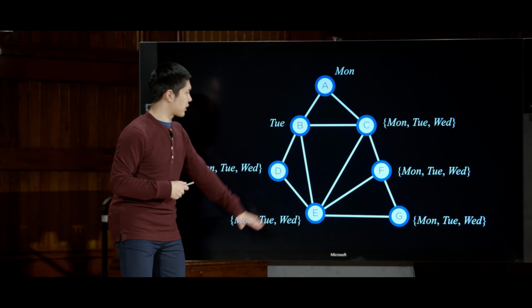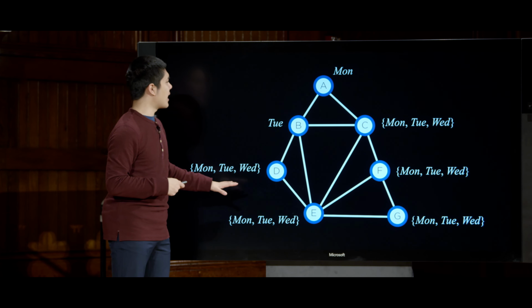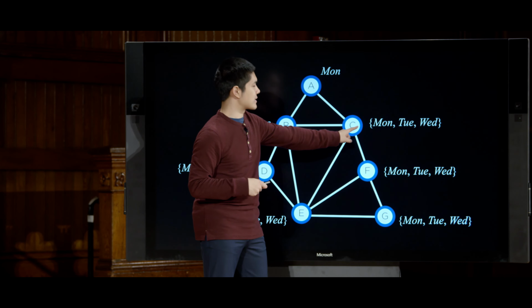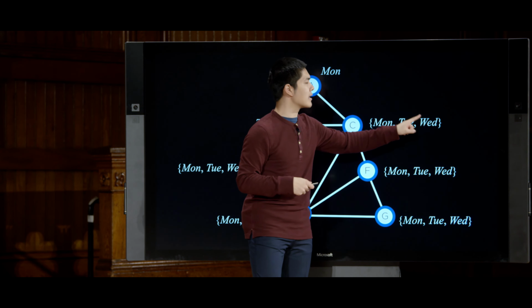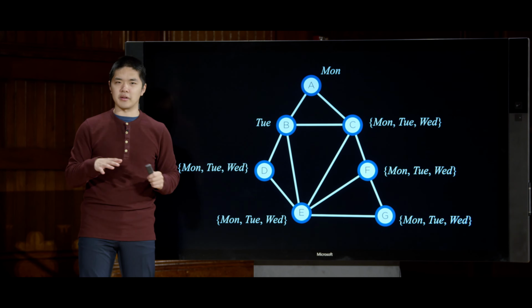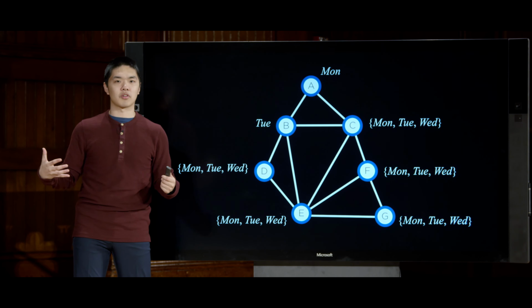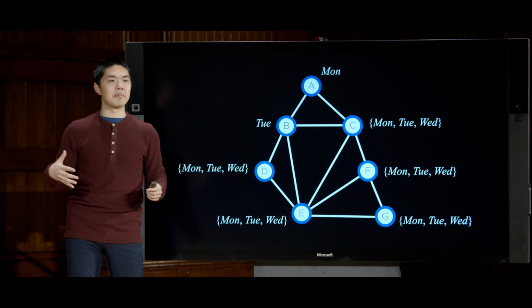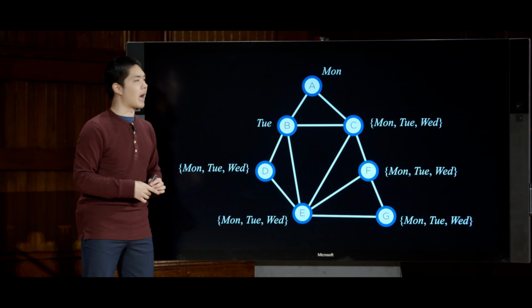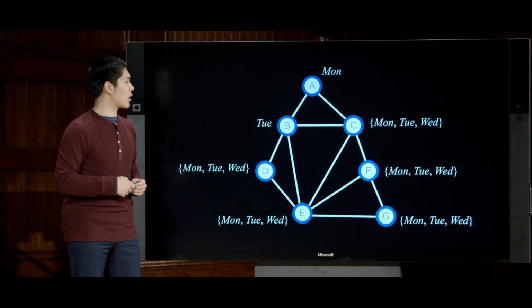We can look at just the structure of this graph so far, and we can say that right now, C's domain, for example, contains values Monday, Tuesday, and Wednesday. And based on those values, we can say that this graph is not arc consistent. Recall that arc consistency is all about making sure that for every possible value for a particular node, there is some other value that we are able to choose.